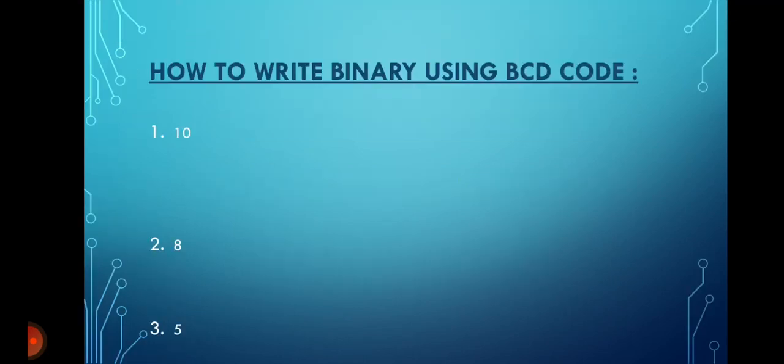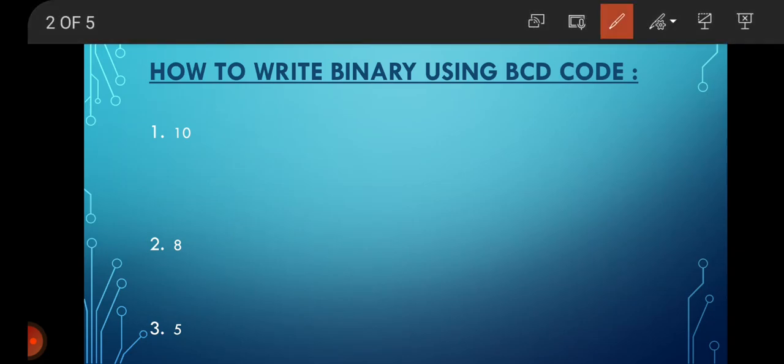So see how to write binary using BCD code. As we know, 8421 is the BCD code. So decimal 10, how can we write in the form of binary?